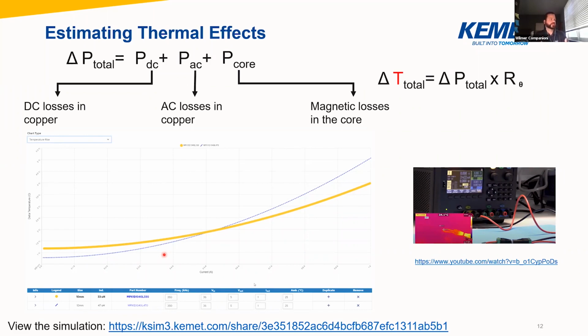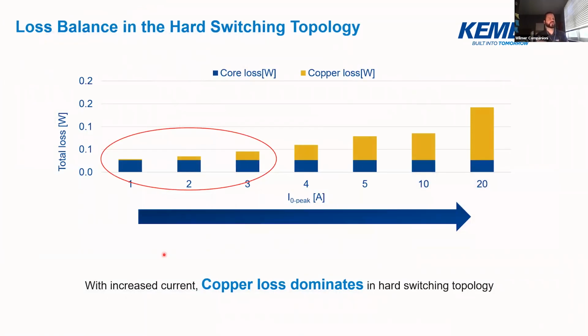Collectively, the DC and AC losses can be thought of as the copper losses. And then the core loss is kind of a separate effect that I mentioned earlier. As you increase in current, the dominant loss mechanism changes from being primarily driven by the core to being primarily driven by the copper loss, so that AC loss and that DC loss.